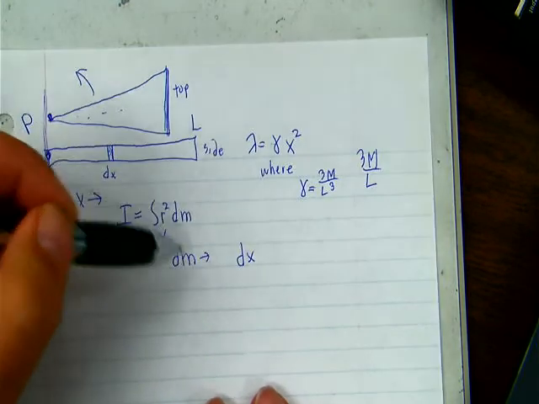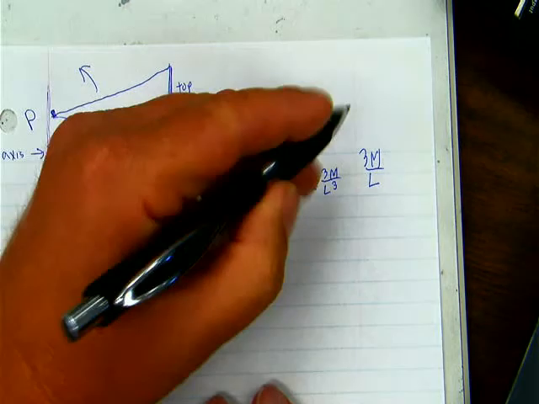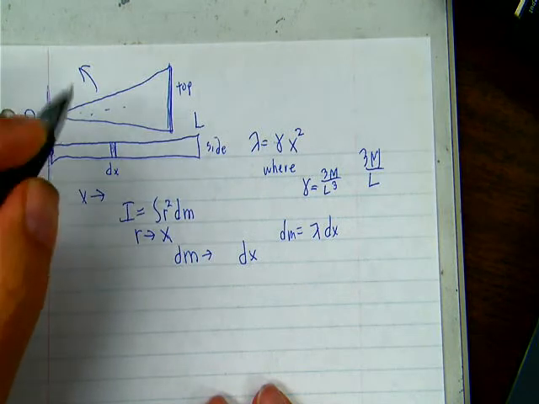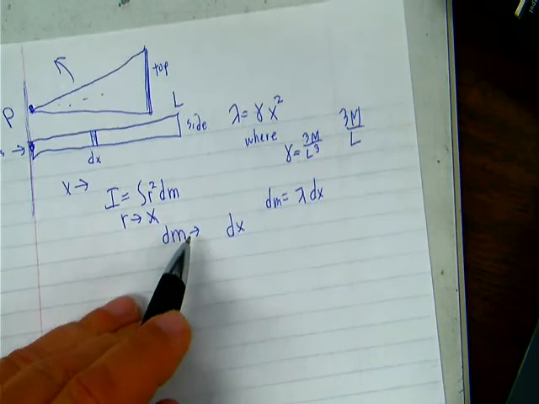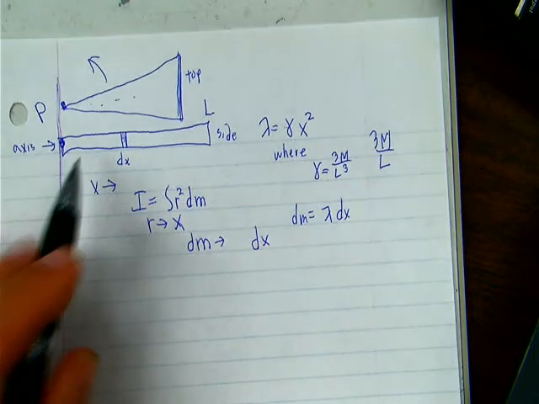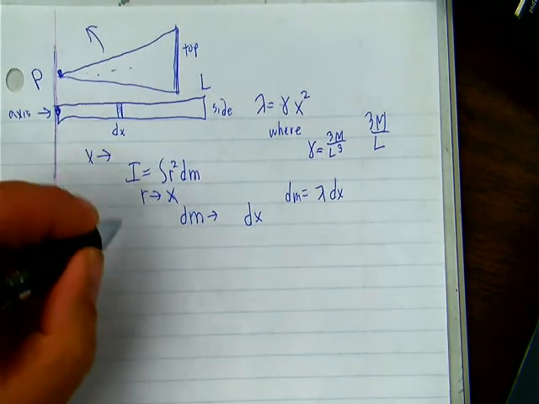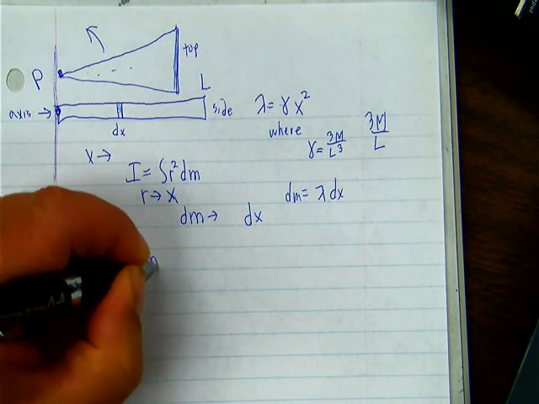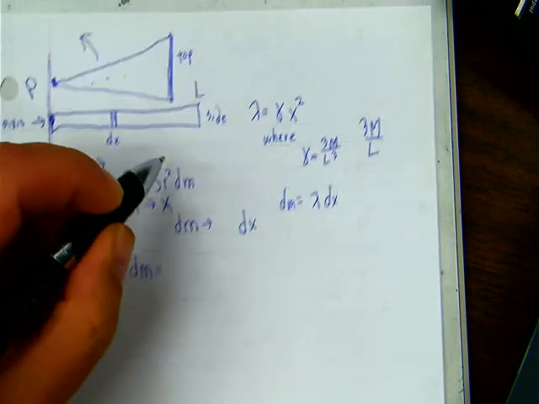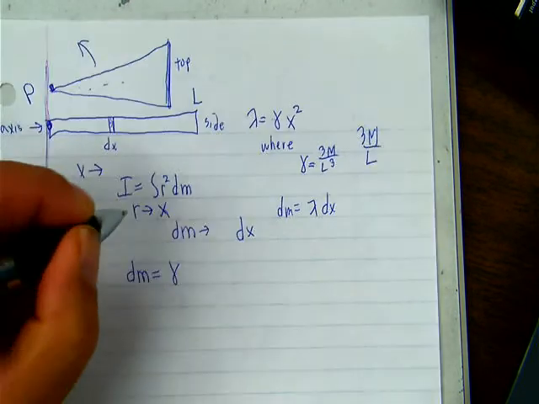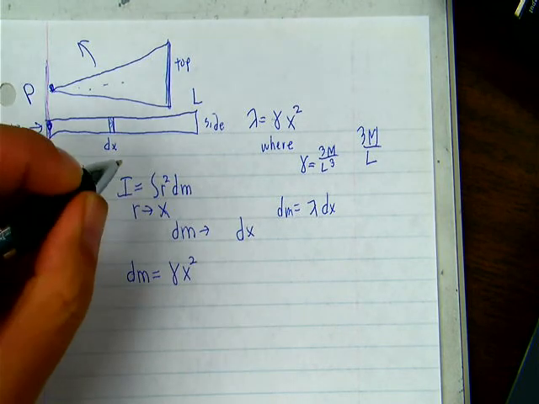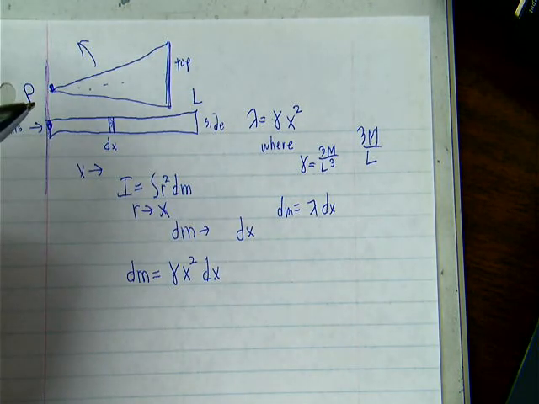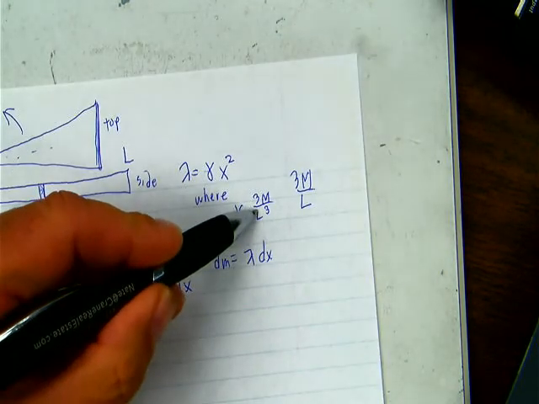But in this case, it's not the simple one that it was before, where dm was just some constant times dx. Now that value depends on how far it is. And since the period's ending, let me see if I can scrunch through this quickly. So dm is equal to gamma times x squared times dx. And gamma is a constant.